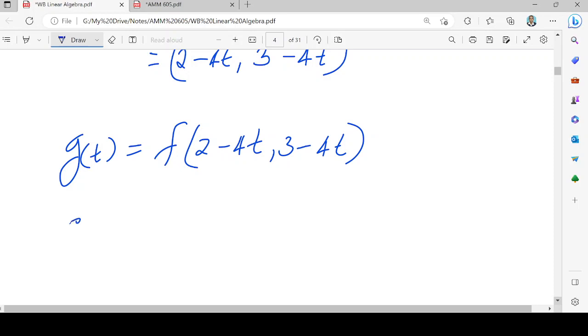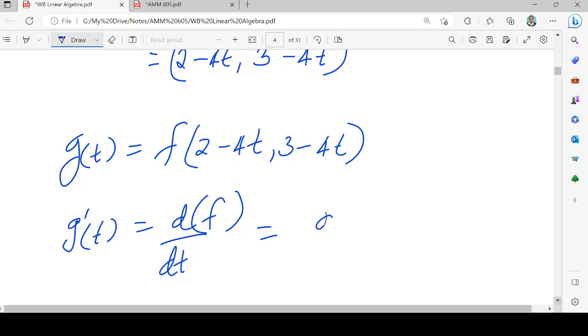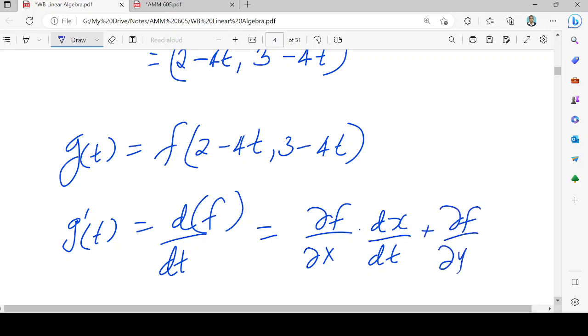So when we write g prime of t, this is the derivative with respect to t of f, which we write as the partial derivative of f. Remember, f was defined in terms of x, times dx by dt, plus the partial derivative of f with respect to y.